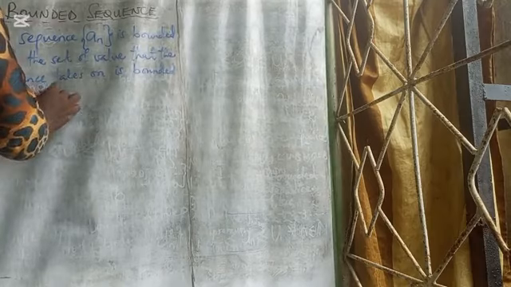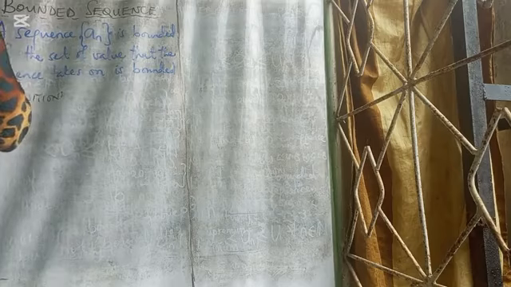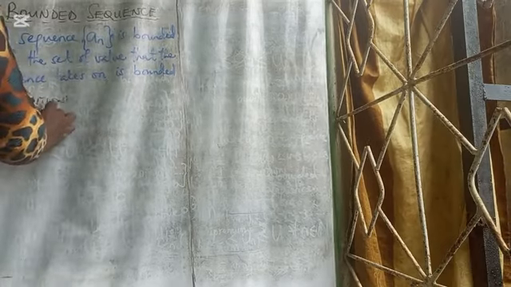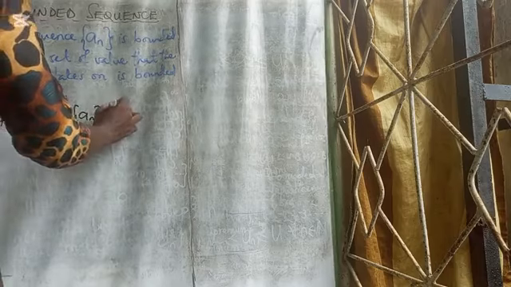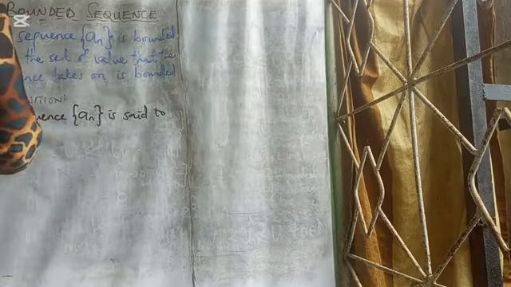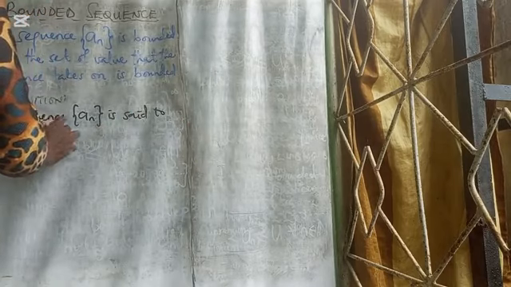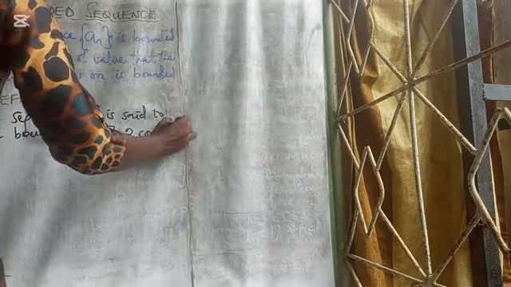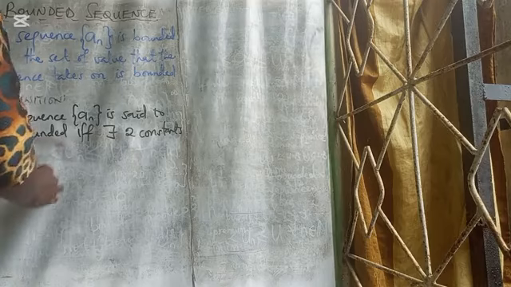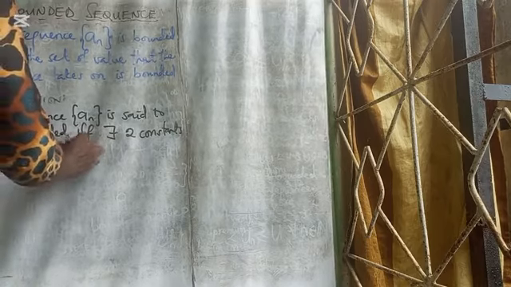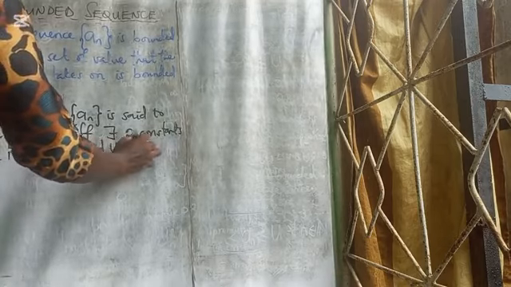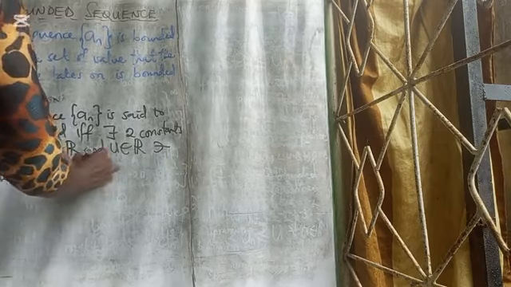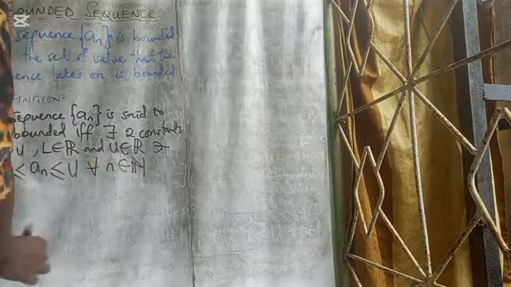Let's define it this way. Definition. A sequence a sub n is said to be bounded if and only if there exist two constants L and u, where L belongs to R and u also belongs to R, such that L is less than or equal to a sub n less than or equal to u for all n contained in the set of natural numbers.